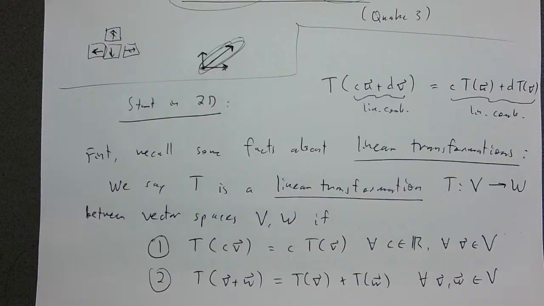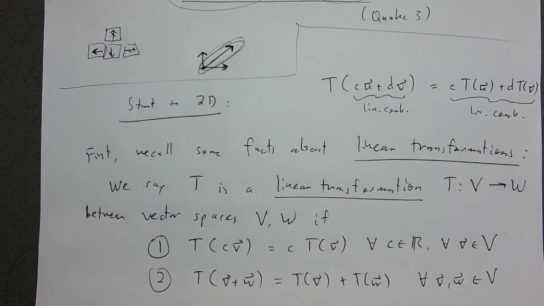So these are your fundamental building blocks of the vector space itself. So what it really means is a linear transformation is a transformation that respects the vector space structure. It preserves the vector space structure between V and W.